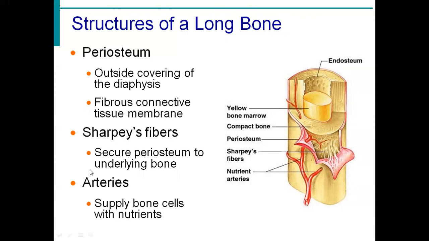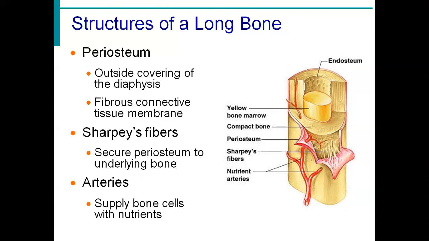And the last part is the arterial connections, which are responsible for maintenance of nutrients and oxygen supply to the bone. This is the overall completion of the structure of long bone. In the next video, I will briefly discuss the other types of bone.